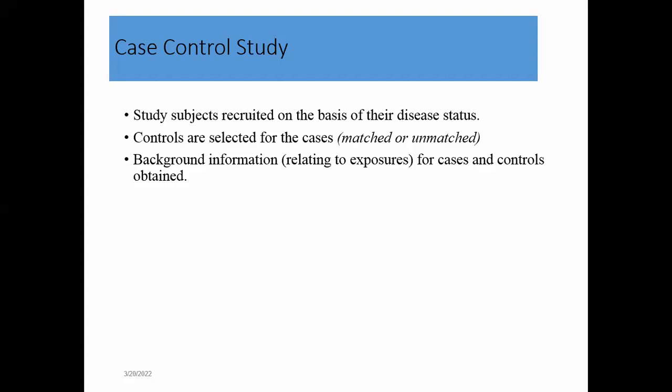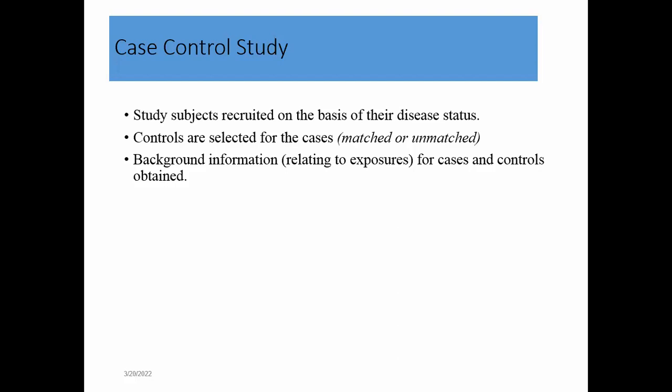Now, for a prospective cohort, we know the exposure now, and we want to follow these people over time, maybe for 10, 20, 40 years, to see if they will develop the outcome.